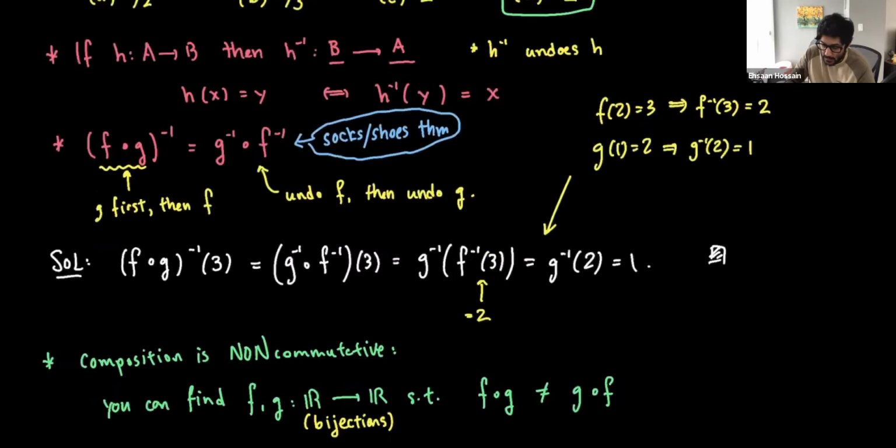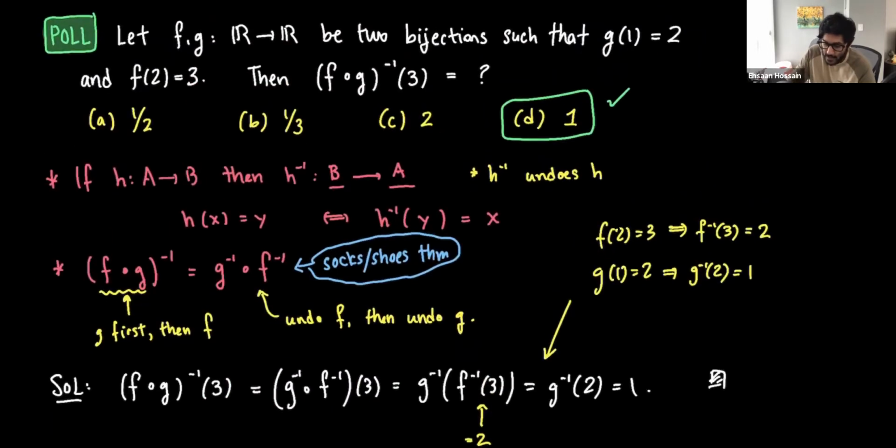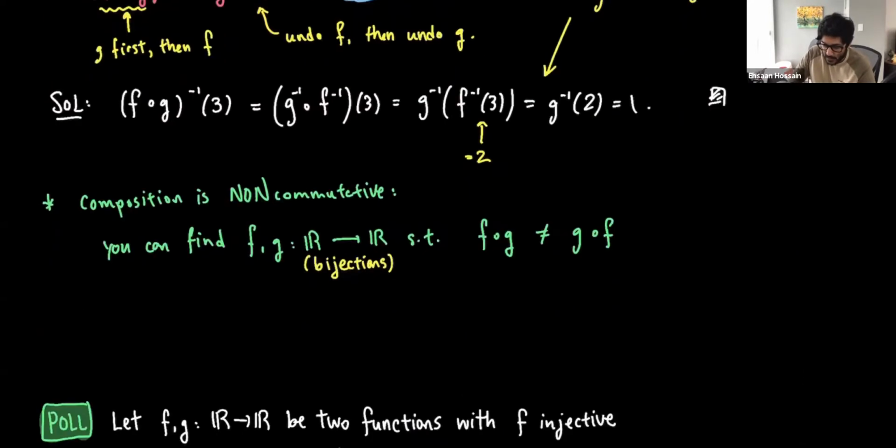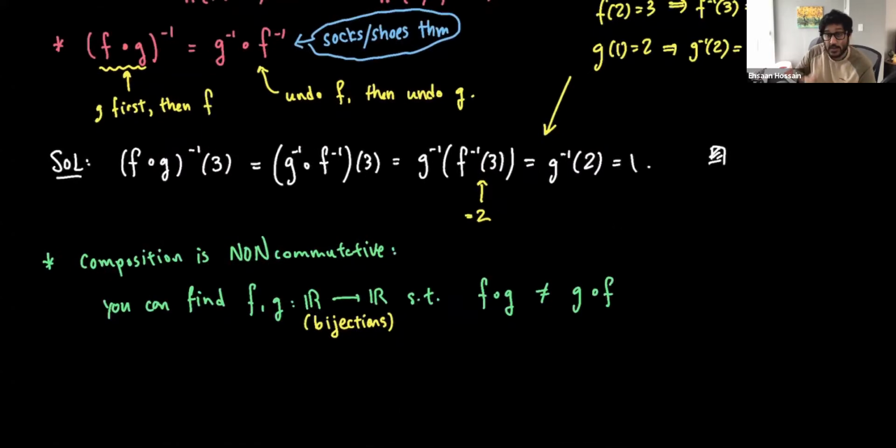Ooh, nice, James. X cubed and x plus 3 cubed. Nice. That's a really good example. I can simplify that a little bit more. Let's take f of x to be 2x and g of x to be x plus 1. Because then I don't have to cube anything.